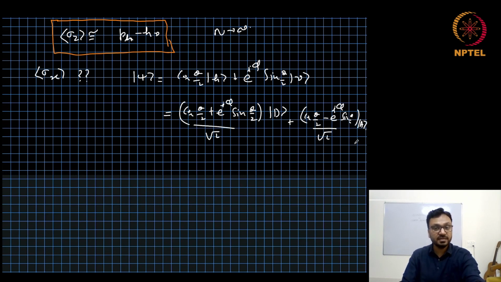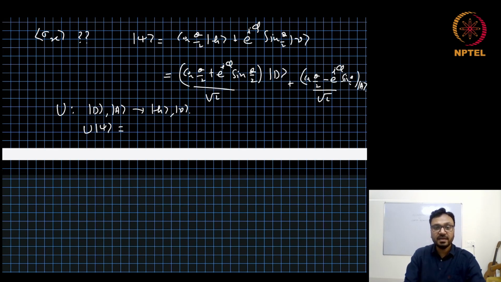Till now we have not done anything. Now what we can do is apply a unitary operator u, which can take d and a to h and v. If that is possible, then we can apply u on psi, and we get a coefficient times h plus another coefficient times v instead of d and a.